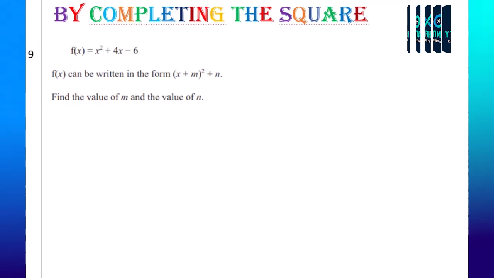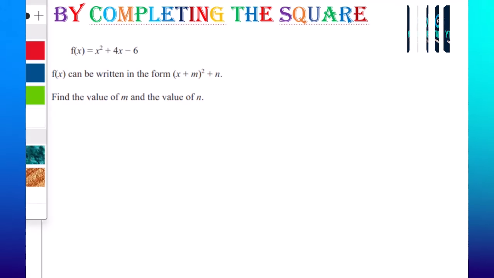Question number 9, and the last method of how to solve a quadratic equation. We already studied how to solve a quadratic equation by factorization and by formula. This is the third method and a very important method, by completing the square.